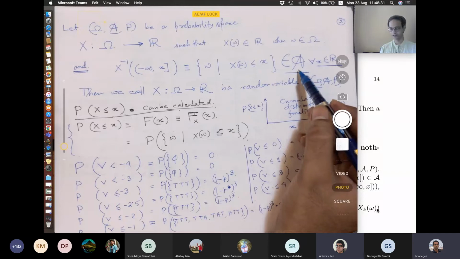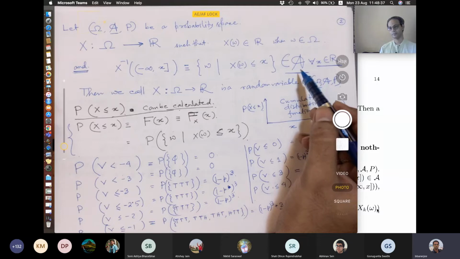No. The fact is that, if you remember the previous example that you have seen, not every set may belong to your sigma field. Your sigma field must contain that event.